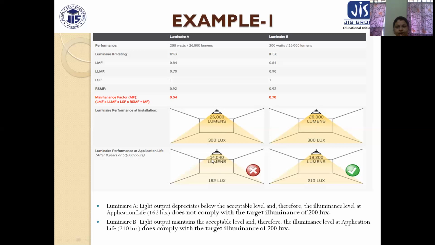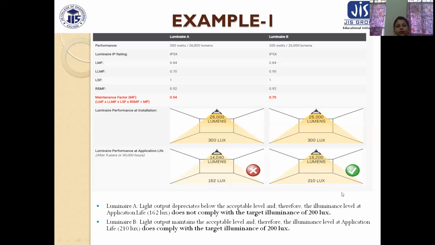After 9 years or 50,000 hours, here is the luminaire performance at application life. For luminaire A, the luminous flux level has decreased very much, to 14,040 lumens, and the illumination level has also decreased, to 162 lux. But for luminaire B, the luminous flux is 18,200 lumens and illumination is 210 lux, right?